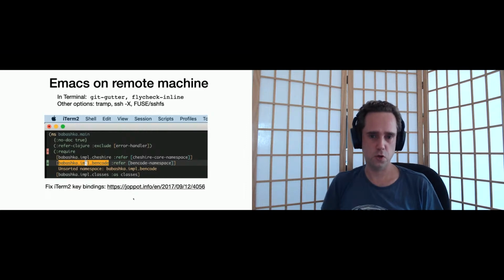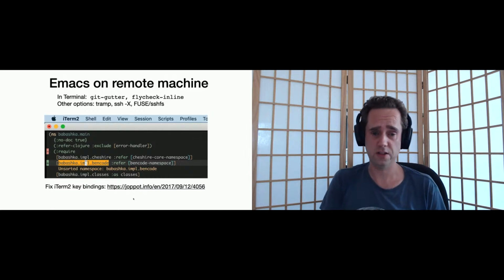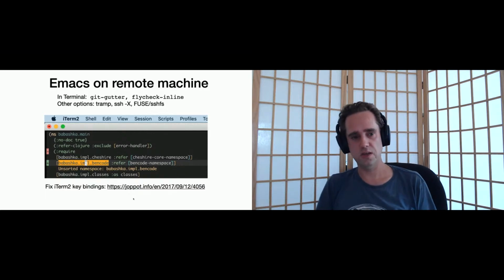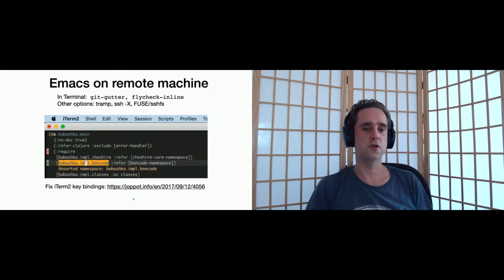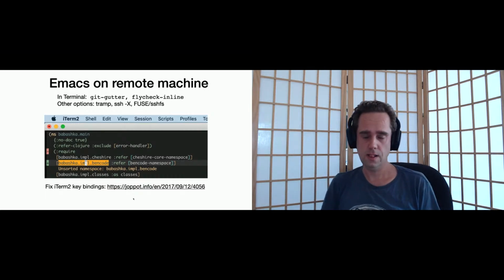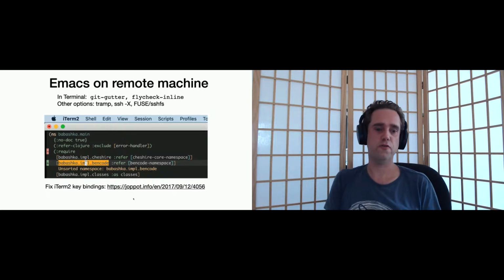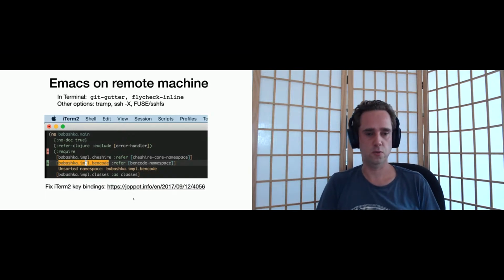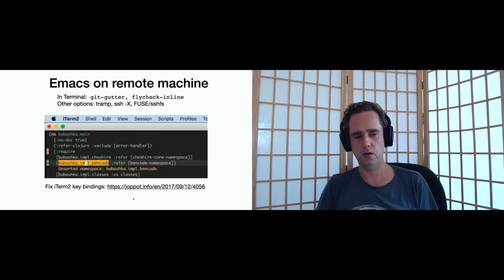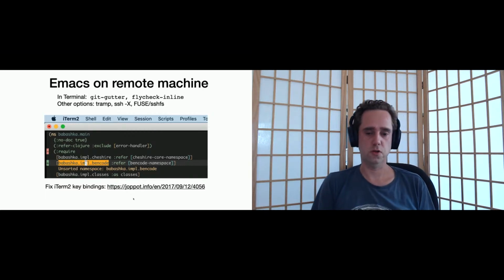For example, the FUSE SSHFS solution was very slow if you did things with Magit, which is the Git plugin for Emacs. So I settled on using Emacs in the terminal for now, and with a couple of extra plugins, it's actually not that bad. I also had to fix a couple of key bindings in iTerm2, which is the terminal program on Mac. But that was manageable using some blog posts that I could find about that.